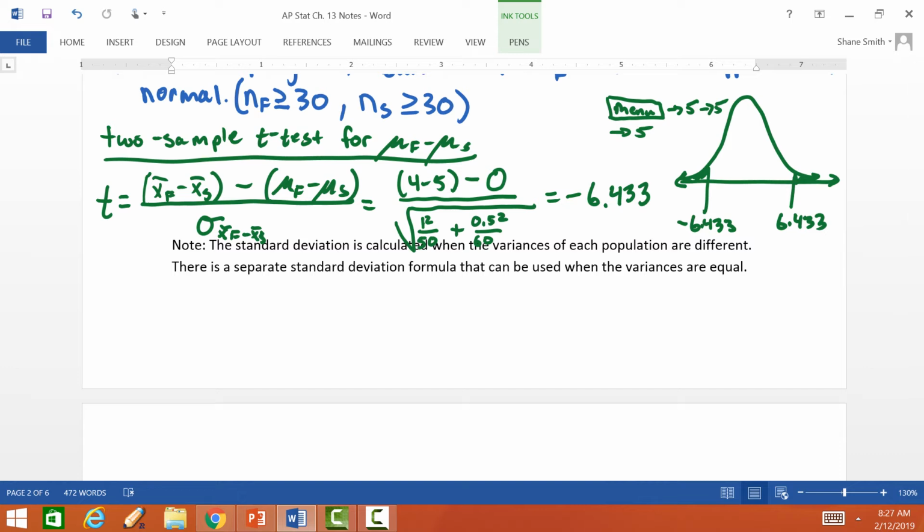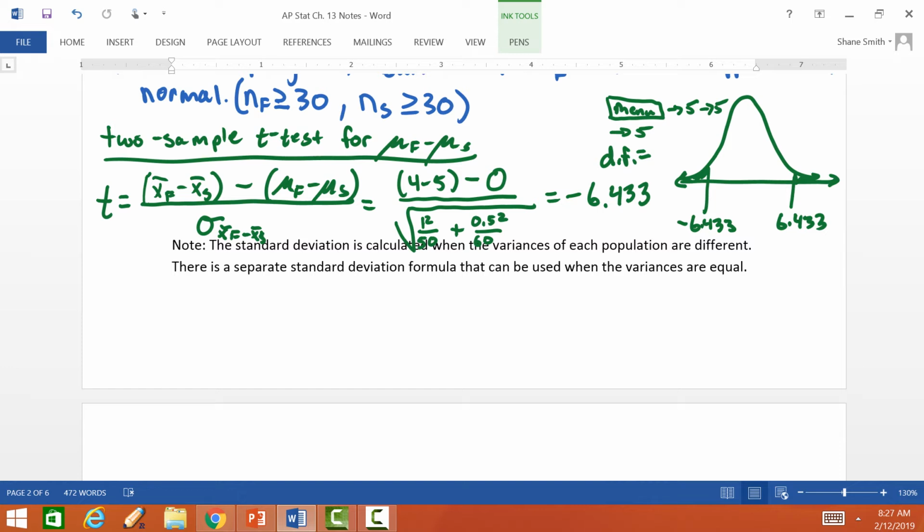Now remember with a t-score, we are asked for degrees of freedom. And your degrees of freedom is usually the sample size minus 1. But in this case, we actually have 2 sample sizes. So which sample size do we use? There's a couple things that you might think of doing here, and there's actually a really complicated formula for an exact degrees of freedom. Later we'll do this in the calculator and we'll see the exact degrees of freedom.